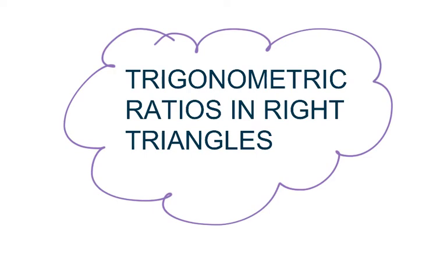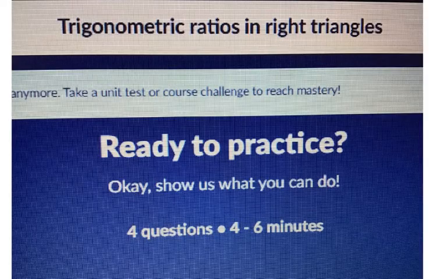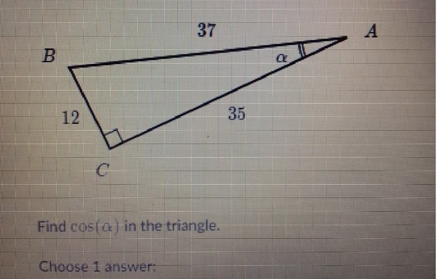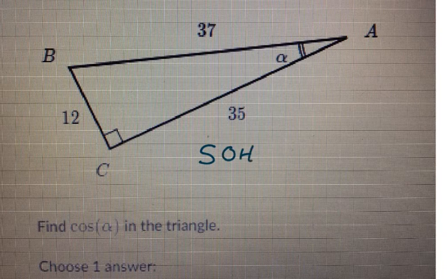Now, I just assigned this to you this morning, trigonometric ratios in right triangles. Okay? And as you can see, all you have to do is about 4 questions. But anyways, what this comes down to, guys, is do you remember "some old hippie caught another hippie tripping over apples"?